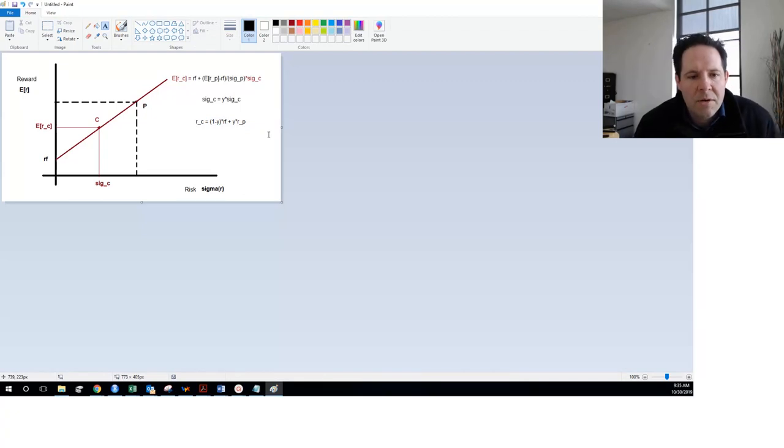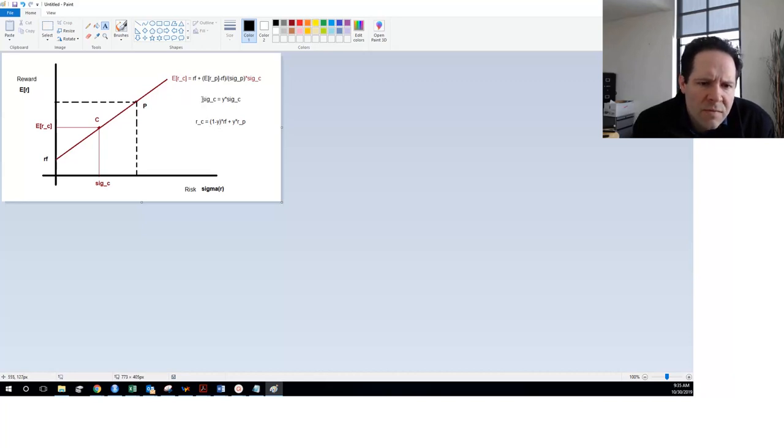If we think about what's a random variable in this, R_P is a random variable. And this 1 minus y times the risk-free rate, that's just a constant. It has no influence over the standard deviation.